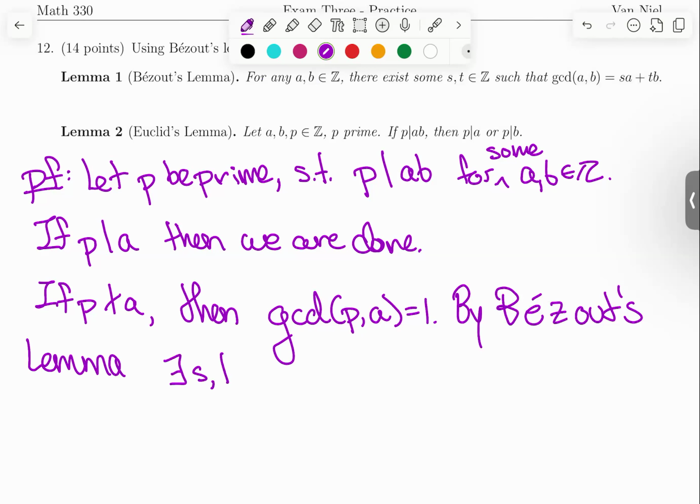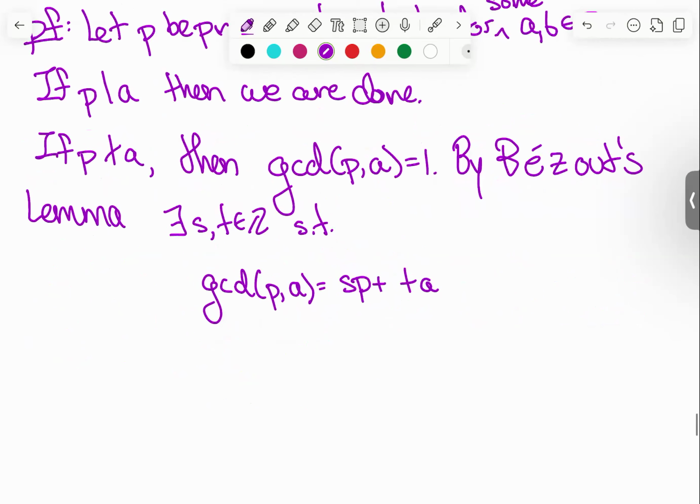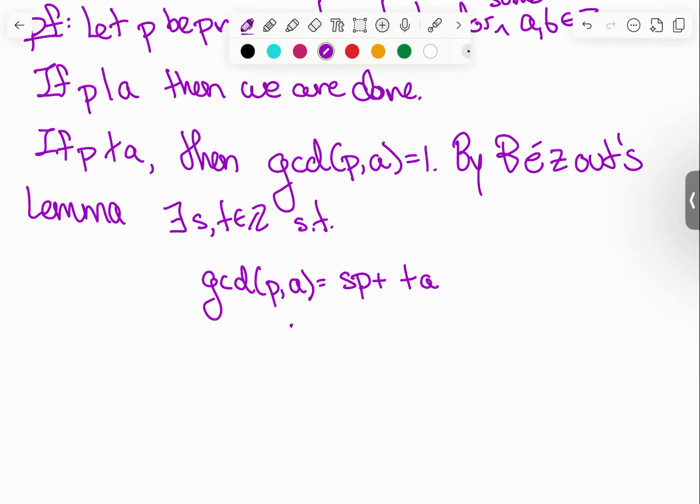there exists some s and t in the integers such that the GCD of P and A is equal to SP plus TA. Okay, remember this is just 1, so 1 equals SP plus TA.